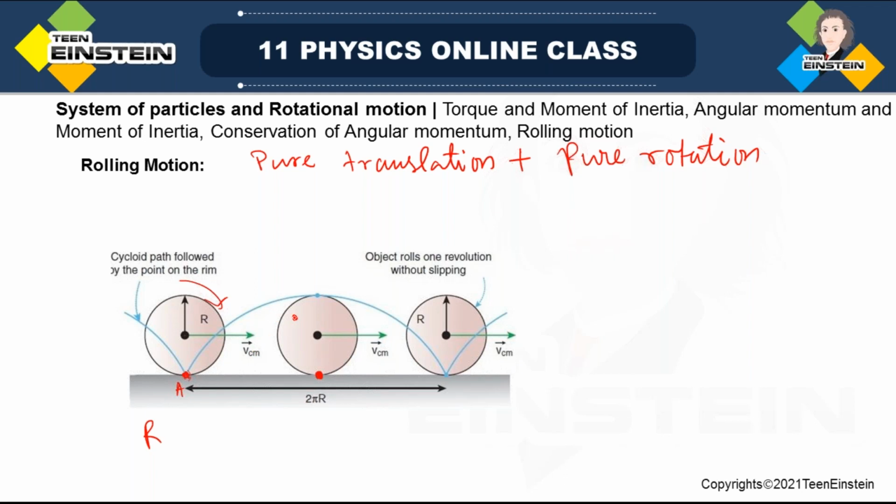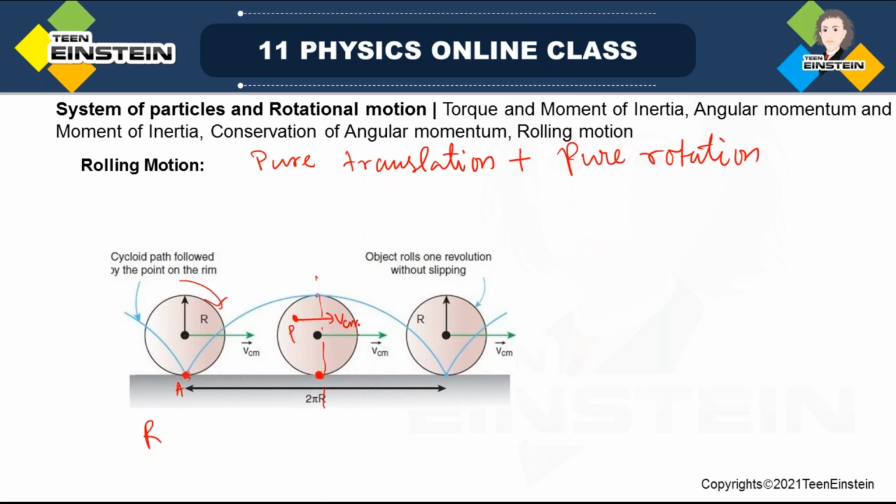Now, if I consider any particle at this particular position P, I have to calculate the velocity of this particle, or that particle. For every particle we can find the linear velocity. Linear velocity is not constant; it changes with the distance of the particle from the axis of rotation. Suppose this is the axis of rotation, and this particle has two motions because the disk has two motions.